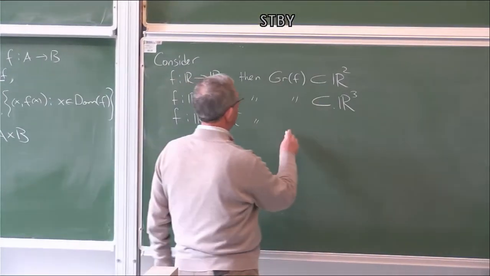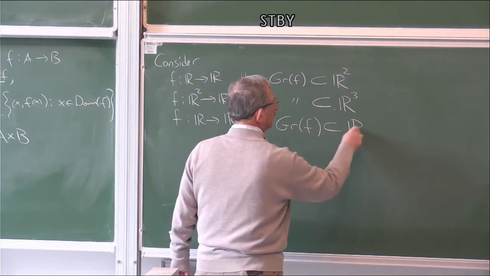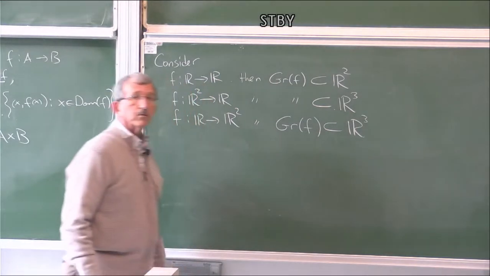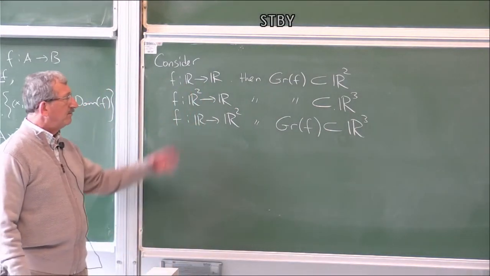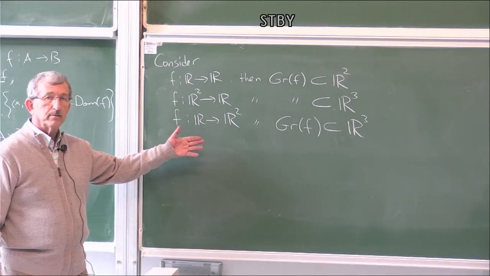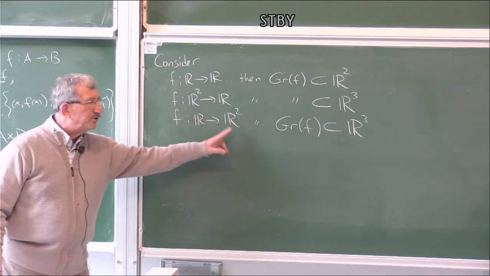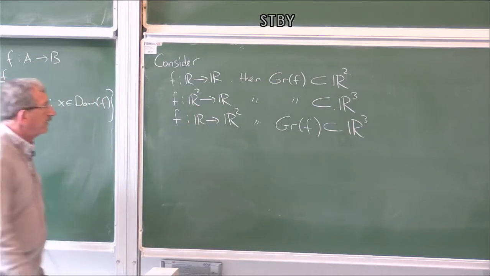Then the graph of f is still in R3. Now, does that mean they have the same character? No. There will be a big difference between them because of the dimensions in the domain and the range.